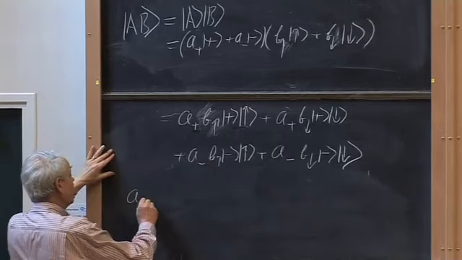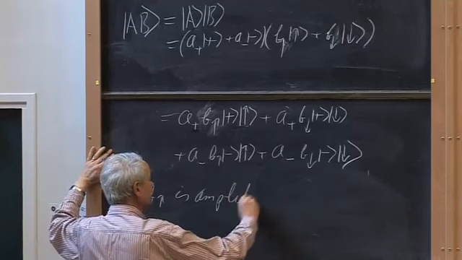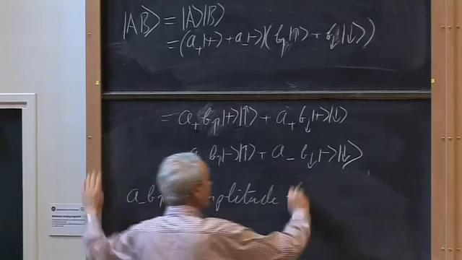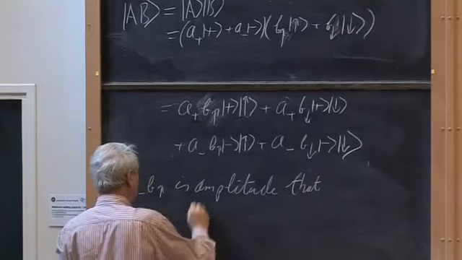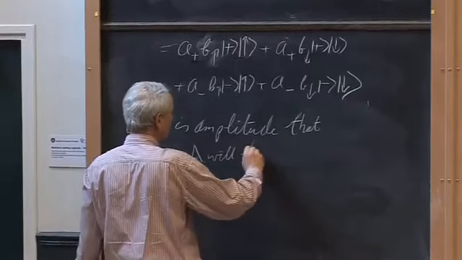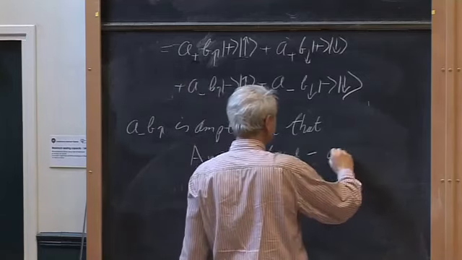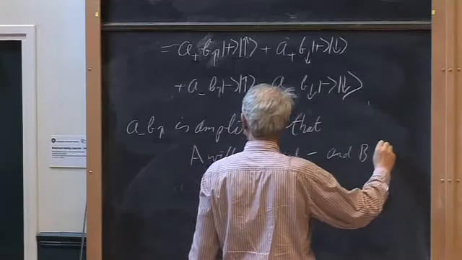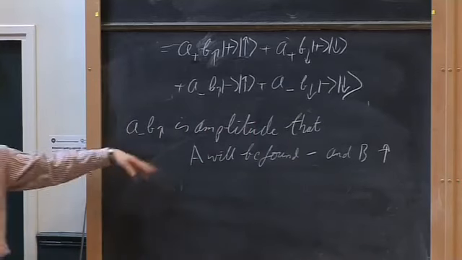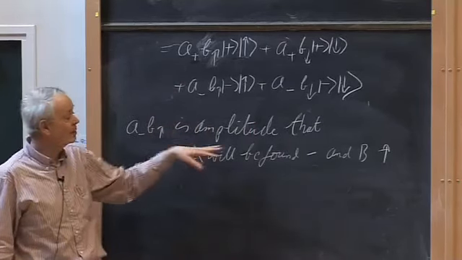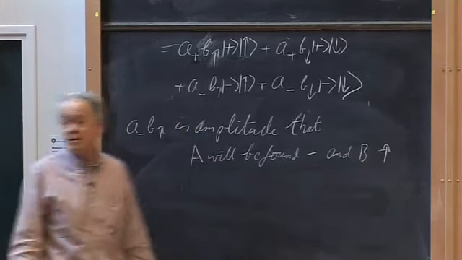So for example, A minus B plus is the amplitude that A will be found minus and B, what did I say, up. So take the mod square of this, you get the probability of the experiment to measure A's property, and B's property will be these particular values.